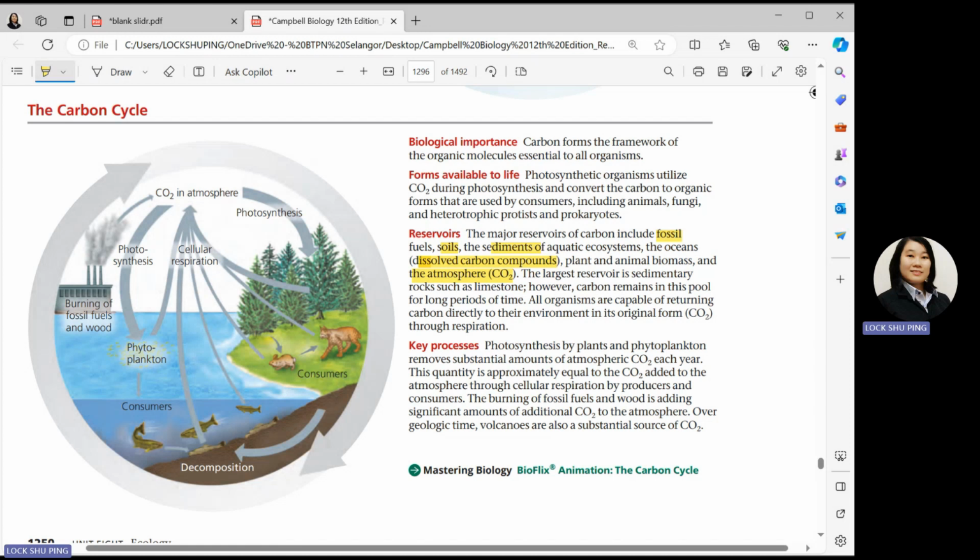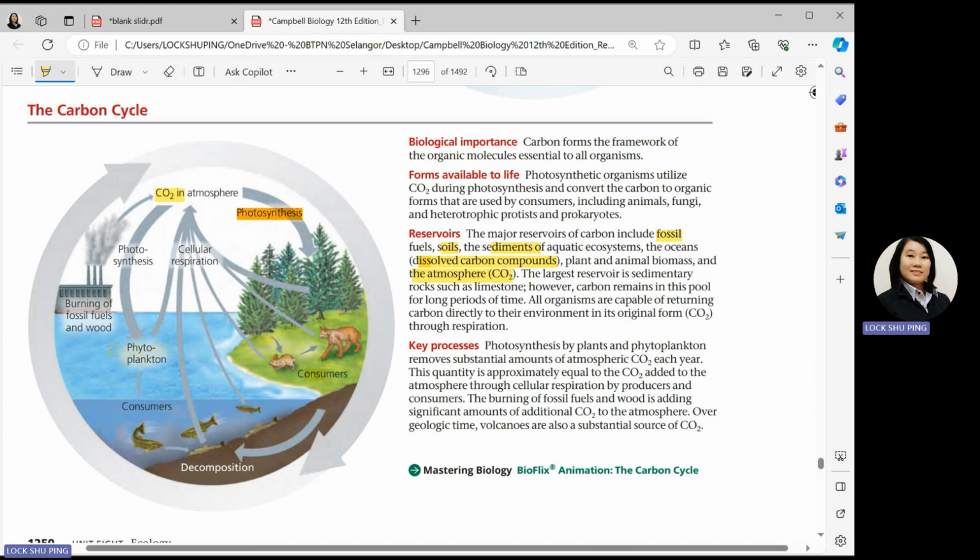So these are the several reservoirs that you have to know. What is the process involved in moving carbon from the inorganic form into the organic form? It is always through the process of photosynthesis.